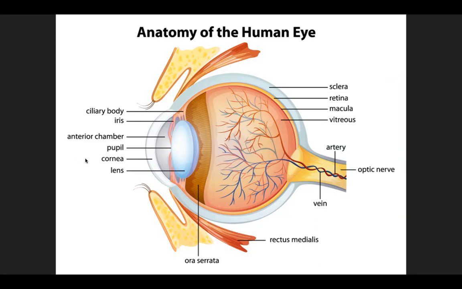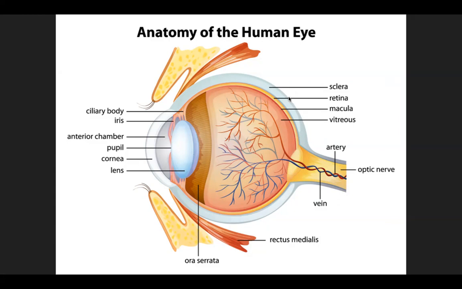So light enters through the eye and it goes through the cornea here, and it is focused by the lens. And the lens then inverts the visual field onto the retina. So it kind of goes back and lands on the back of the eye. This red area is the retina, which is a very important structure and is where our photoreceptors are.